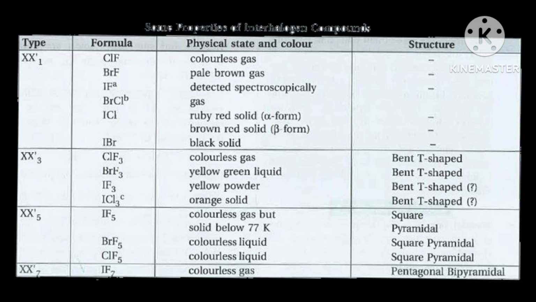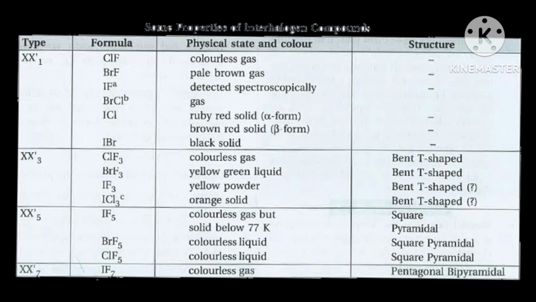Its structure, you know that bromine has 7 electrons in the outermost shell. Then 3 out of 7 make bonds with fluorine, BrF3, 3 single bonds. And out of this 3, 2 Br-F bonds will be straight.